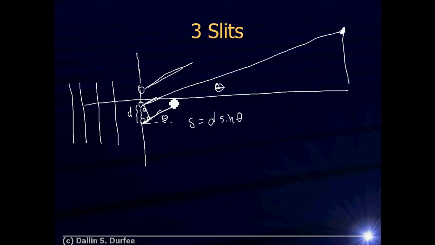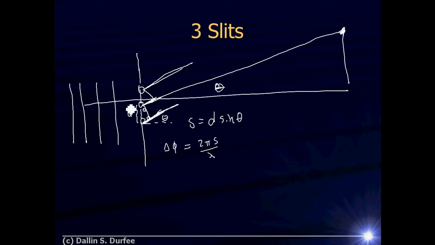And then the phase shift between these 2 contributions is just going to be, for every wavelength of path difference, we get a 2 pi phase shift, so this is just 2 pi s over lambda. If I have 3 slits, this one has to travel further than this one, so it's going to be shifted by this phase shift, but this one travels that much less.